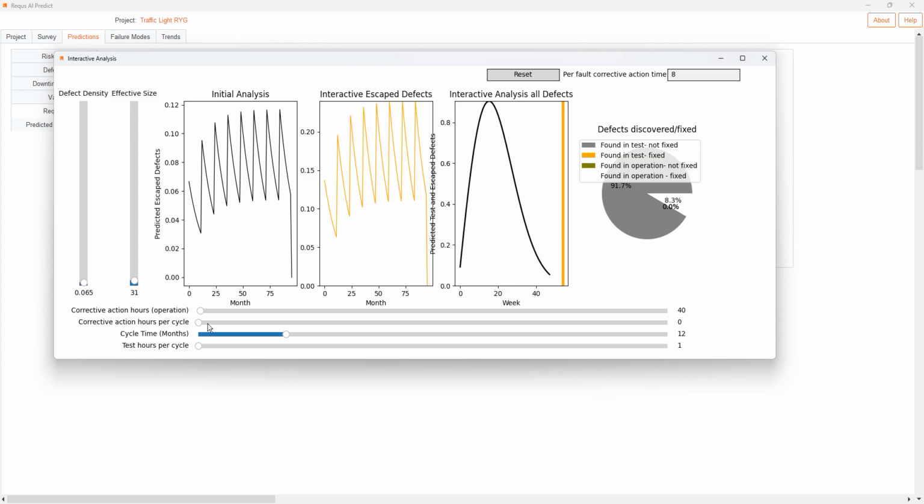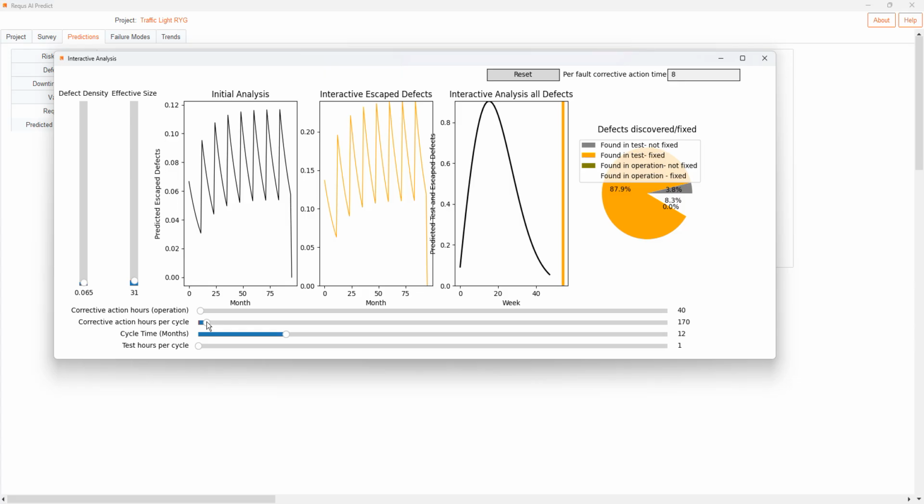And then we could move our slider for corrective action per cycle. So the corrective actions per cycle is showing us how much time we have to fix the defects that are found in testing.